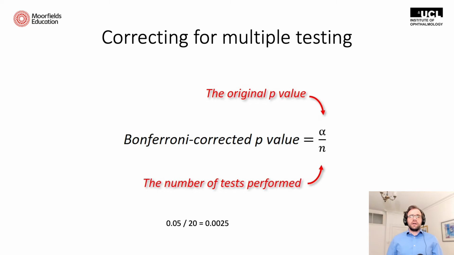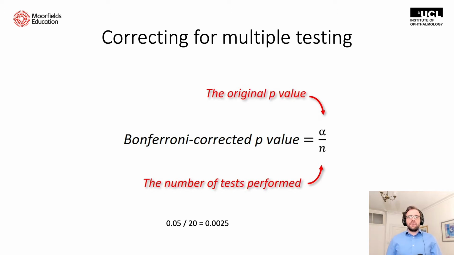So if we look here, we want to correct these type 1 errors. And what we're doing here is using what's known as a Bonferroni correction. And this is very simply just dividing your threshold alpha here, which is 5%, by the number of tests performed.